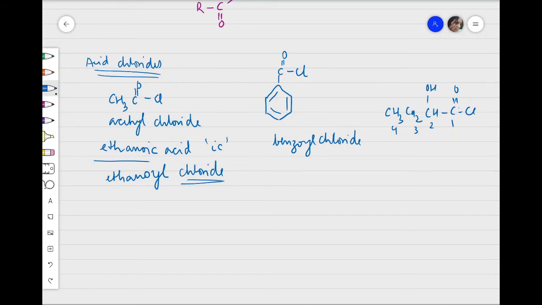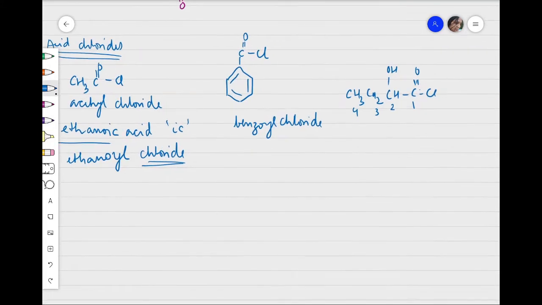So it should have been butanoic acid. In the common name it will be butyryl chloride, and we say it's in the alpha position, so this is alpha hydroxy. So this is my common name.